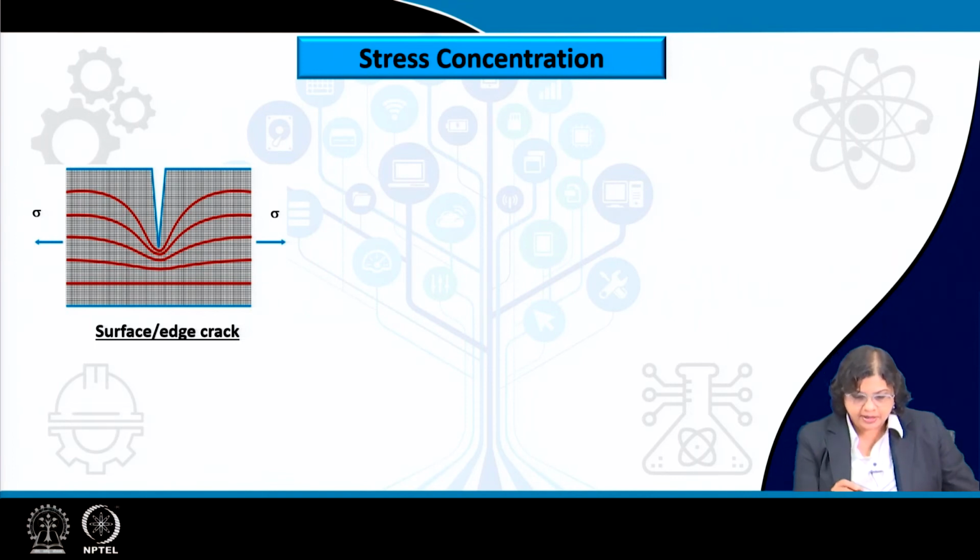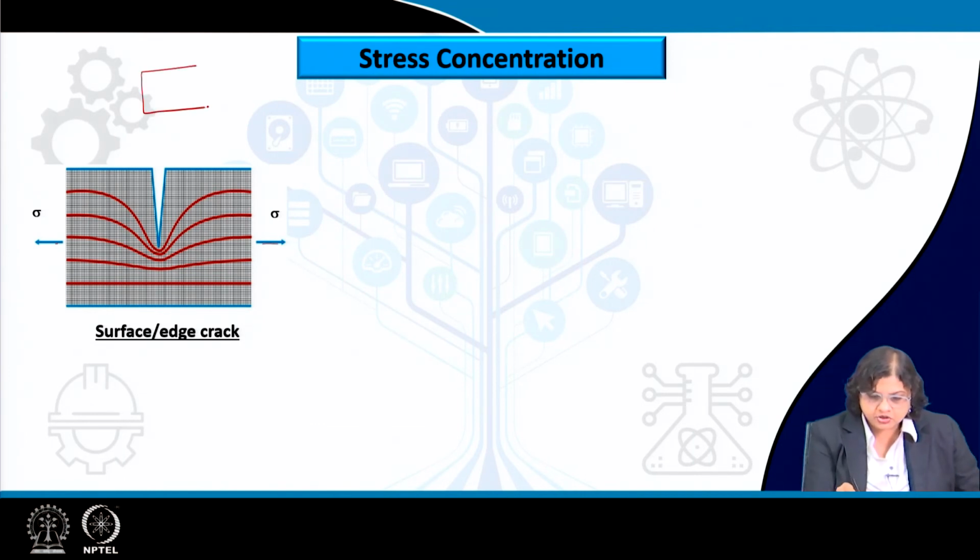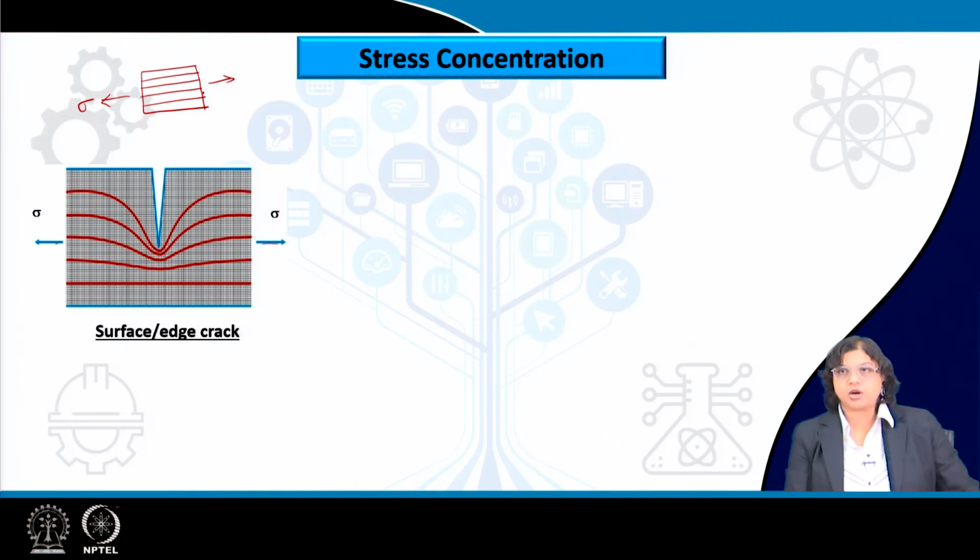This is what exactly happens. We are applying stress in both directions, and these are the lines of force. It is very similar to the magnetic lines of force. The lines of force in the case of a perfect component would be like this. We are applying stress and the stress is distributed uniformly throughout the part, which makes the lines of force perfectly parallel in an ideal perfect component with no non-uniformity or irregularity.